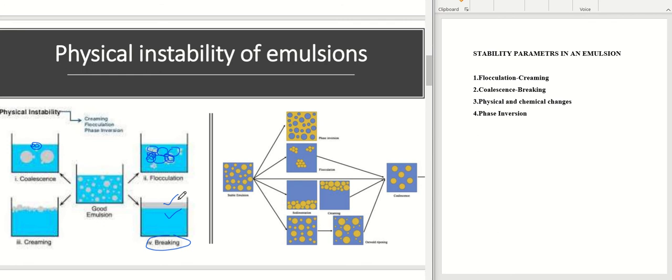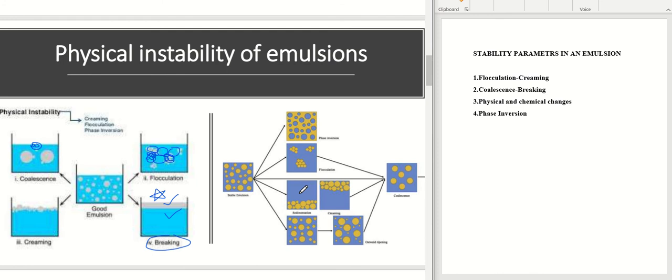So this is a complete and permanent unstable situation that is seen if a proper emulsifying agent is not used, if the proper concentration of emulsifying agent is not used, or if the proper ratio of internal phase and external phase is not used. So these are the considerations to be taken into account in the preparation of an emulsion.